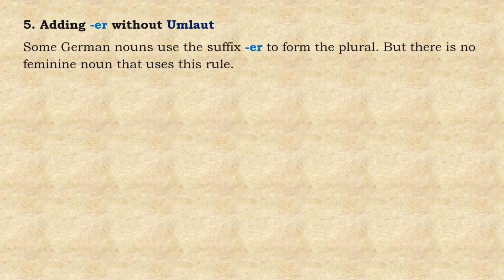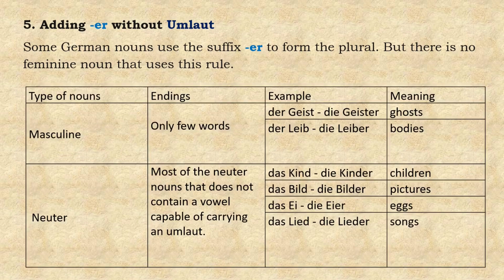Some German nouns use the suffix er to form the plural, but there is no feminine noun that uses this rule. In masculine, there are only few words. For example, der Geist, die Geister, der Leib, die Leiber.